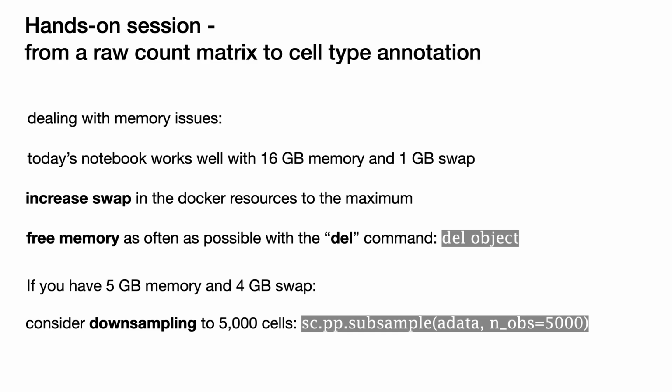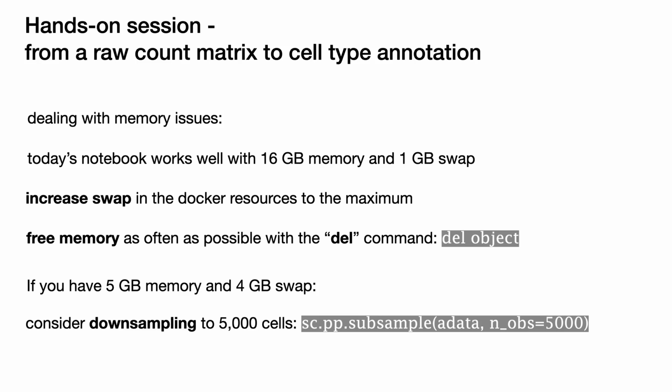Here are a couple of things you should think of when you use your Docker container. Sometimes you have to deal with memory issues, and especially the more complex tutorial that I created works well with only 60 gigabytes of memory and 1 gigabyte of swap.